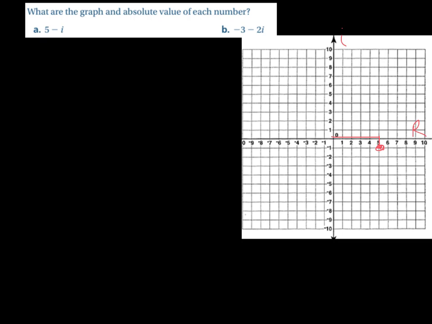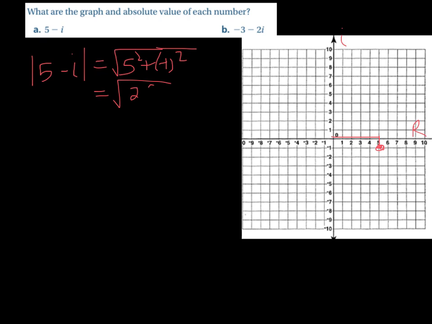So we'd have this point right here at 5 minus i. If I want the absolute value of 5 minus i, that is going to be the square root of 5 squared plus negative 1 squared, which gives me the square root of 25 plus 1, or square root of 26.